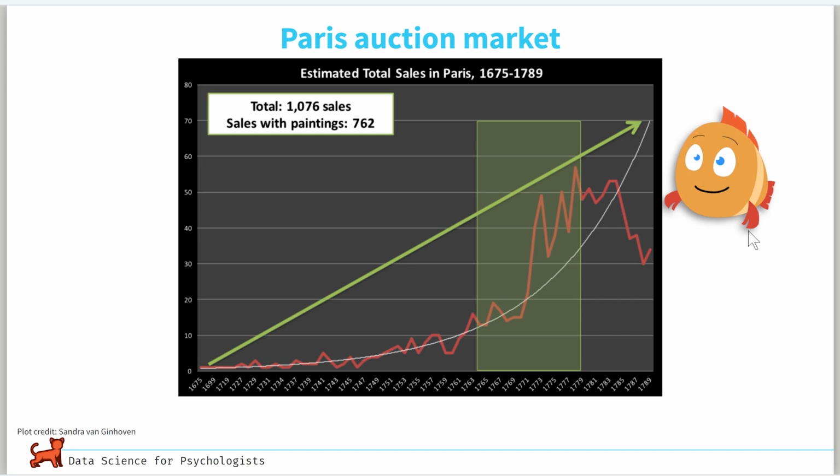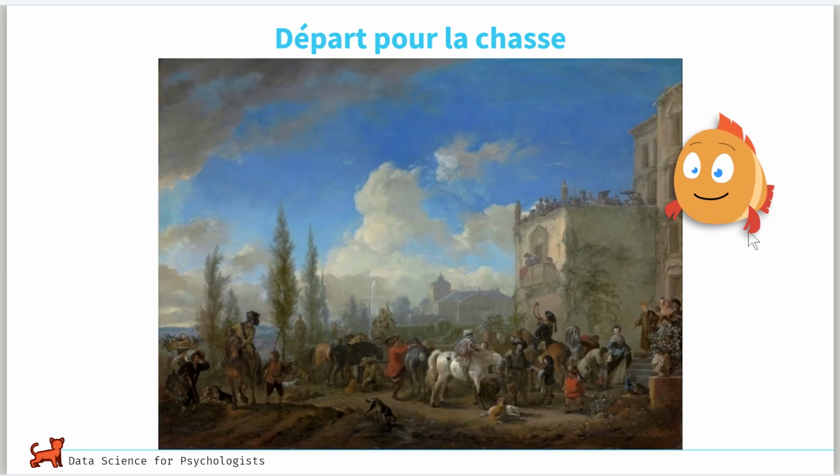All right. So here's a basic plot that Sandra did. It's glorious. And it plots the Paris auction market over time with its 1,000+ sales, and 762 of them are of paintings, and this just gives you a general sense of what we're looking at.